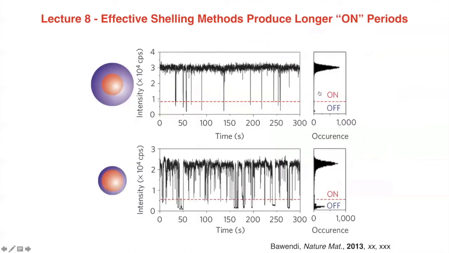Okay, and so one of the things that many people have been doing is looking at what dictates this blinking. And one of the things that's been found is that, if you play around with the shell dimensions, you can influence the magnitude of the degree to which the nanoparticle undergoes blinking. So on the bottom here, this bottom blinking trace shows a nanoparticle with a thin shell. And on the top, you see one with a thick shell.